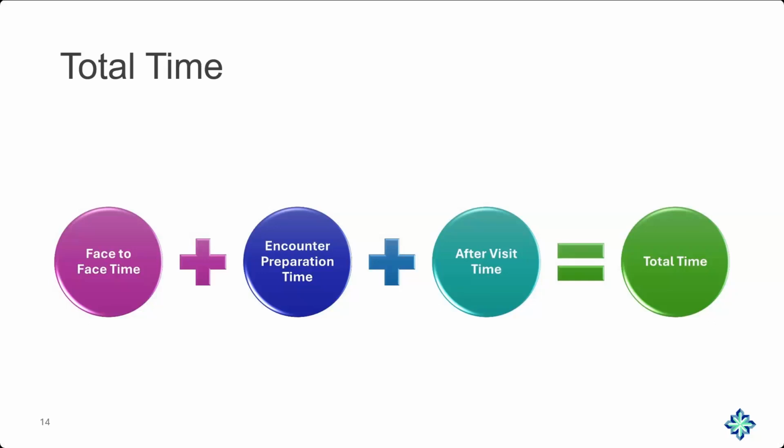It's date of service. And you also want to add in any after visit time, as long as all of that is being done by that practitioner. Count that practitioner's time. They did the work. So that is going to get you to your total time for the encounter, and ultimately that total time is what you're using to select your level of service. Again, we talked about those descriptors for codes that allow for time to choose your level of service.